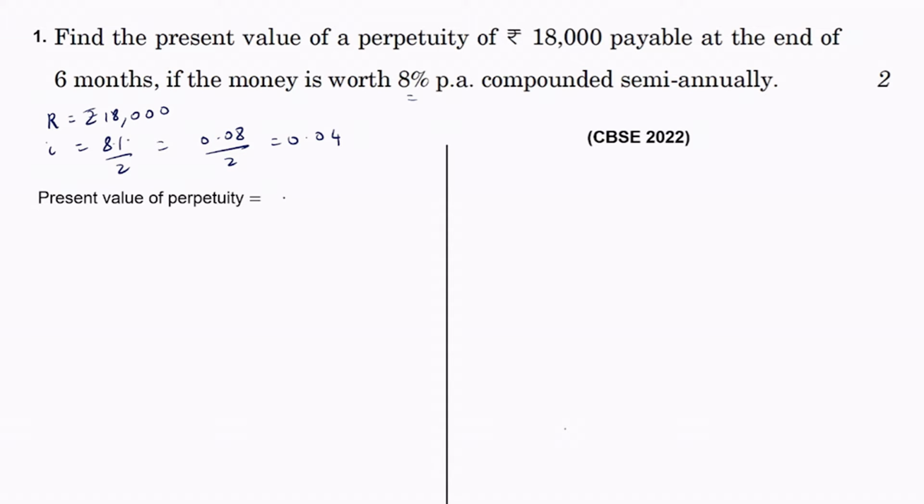Now the payments are made at the end of 6 months, so the present value of perpetuity is given by R by I. So it is 18,000 divided by 0.04, which is equal to 4,50,000 rupees. So this is the present value of perpetuity. Writing what is given and finding the value of I carries 1 mark, writing the formula and getting the answer carries 1 mark.